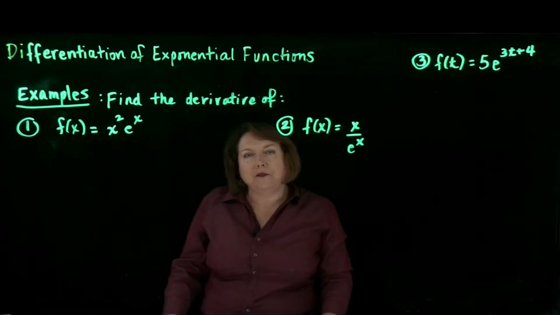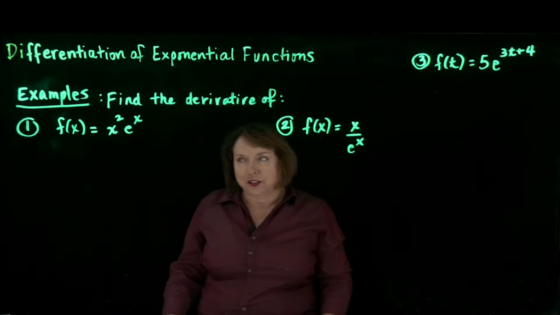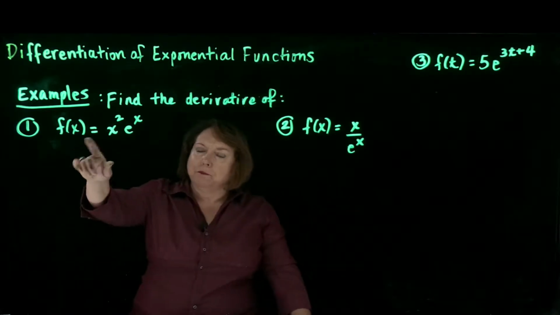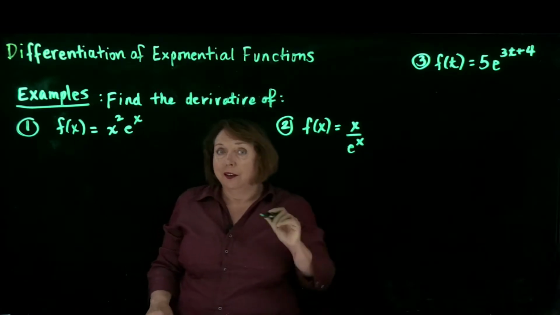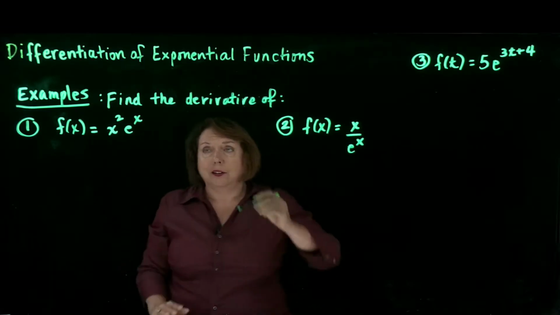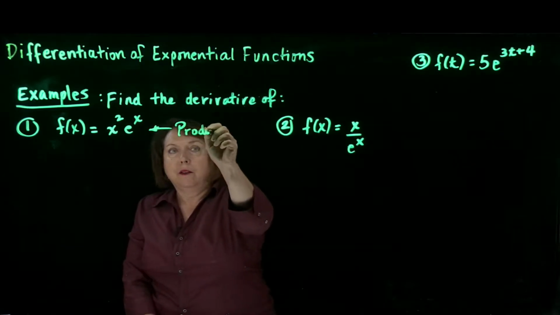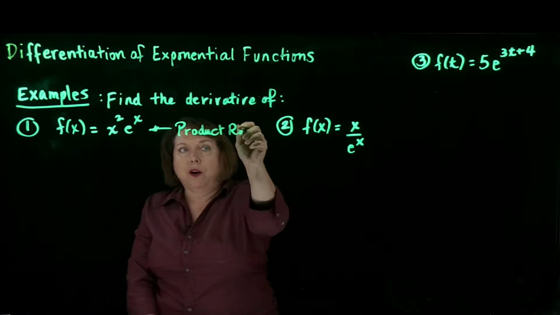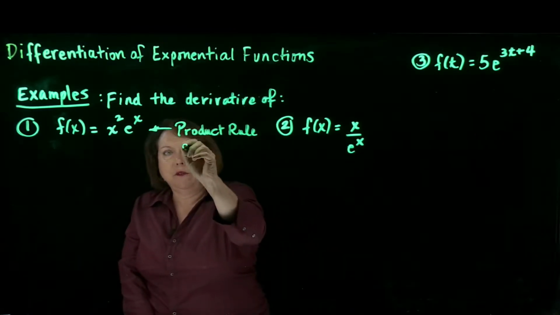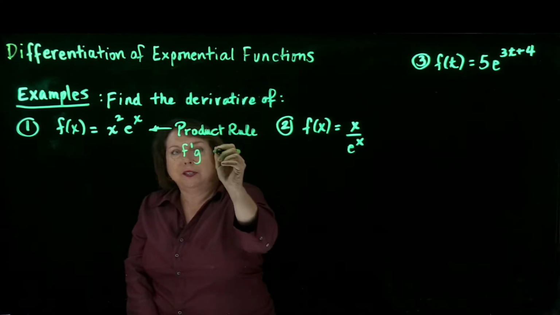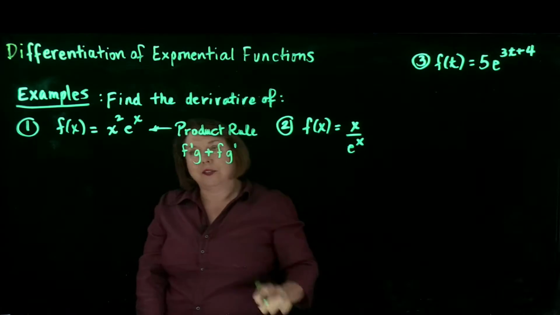Students, let's do a few examples of finding the derivatives of exponential functions. Let's look at this first one. f of x is equal to x squared times e to the x. Notice it's a product, so we need to use the product rule here. We have a product of two functions, so we'll take the derivative of the first times the second plus the first times the derivative of the second.